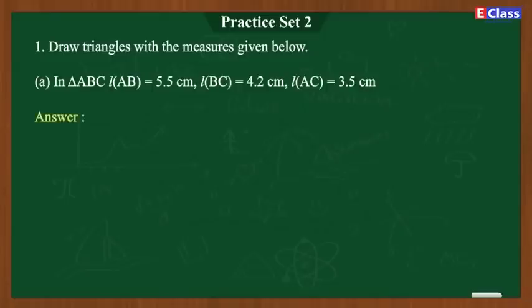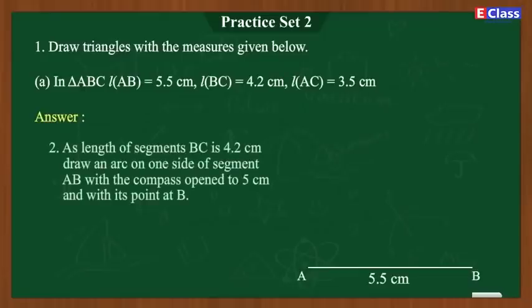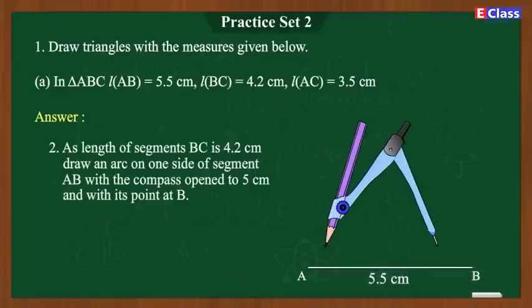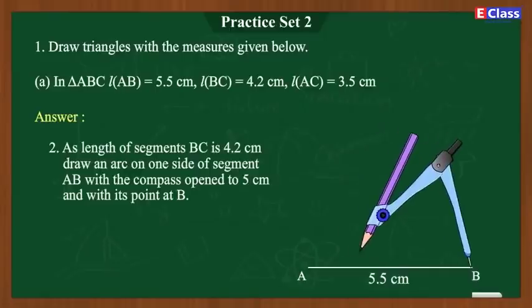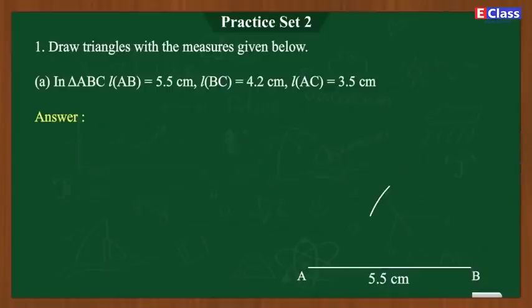Answer: 1. Let's take segment AB of 5.5 centimeters as the base. 2. As length of segment BC is 4.2 centimeters, draw an arc on one side of the segment AB with the compass opened to 5 centimeter and with its point at B. 3.